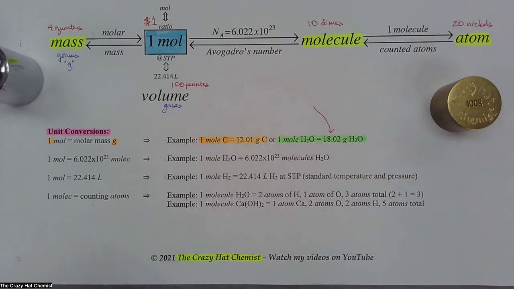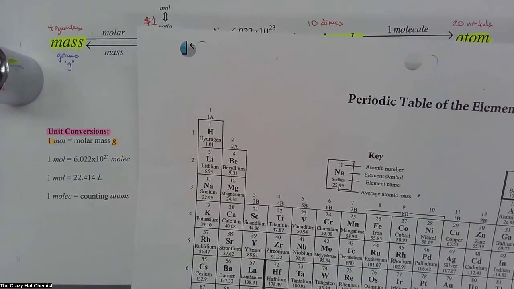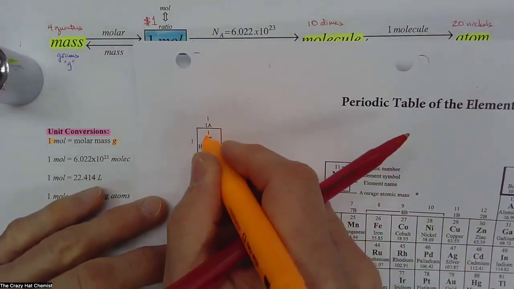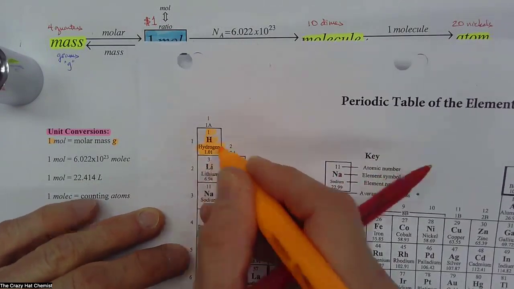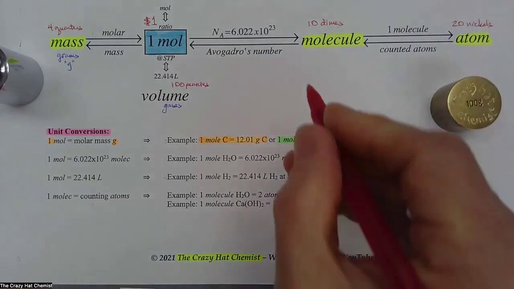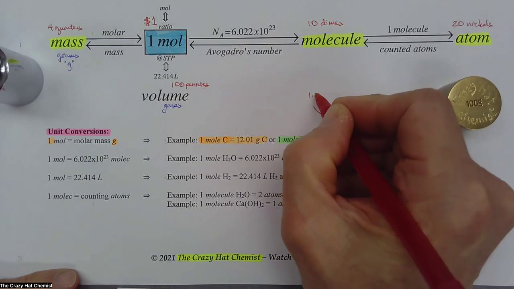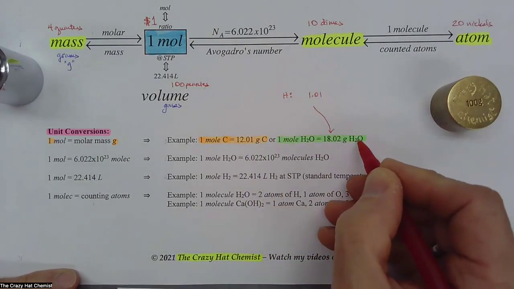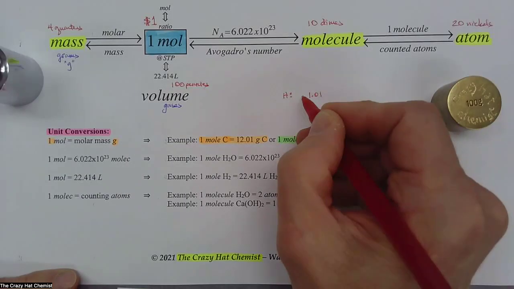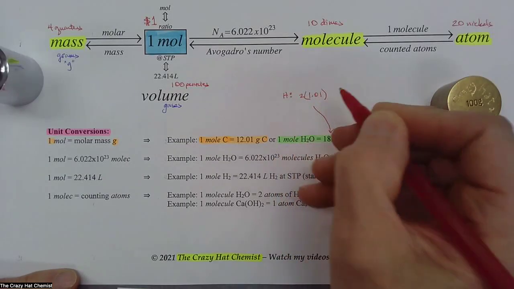It's H2O. We're going to find both of these elements. That is hydrogen, atomic number 1. Its molar mass is 1.01. How many hydrogens are there in this formula? 2. So I'm going to multiply this number by 2.